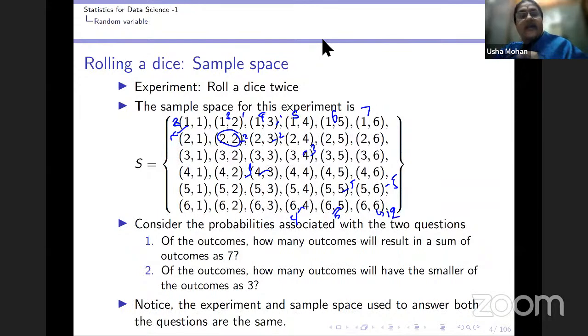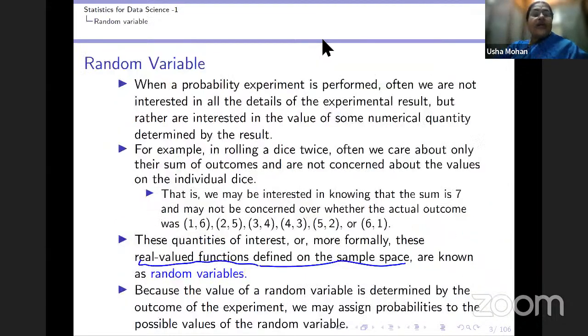As I said earlier, I'm not interested only in the outcomes. If you look at the first point here, I'm not interested in all the details, but I'm interested in some numerical quantity. And this numerical quantity I'm defining as a function which maps every outcome to this numerical quantity. That's why I'm interested in a random variable.